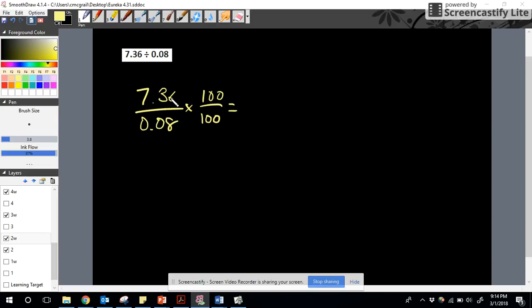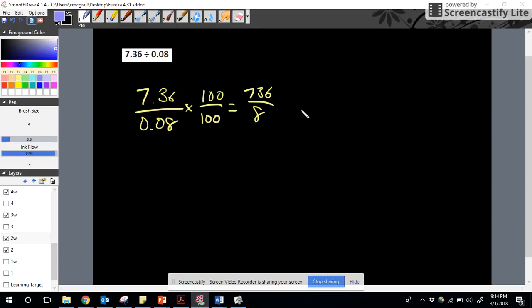Each place value is going to move 2 to the left, or I could say that the decimal is going to move 2 to the right. So I'm going to have 736 eighths.